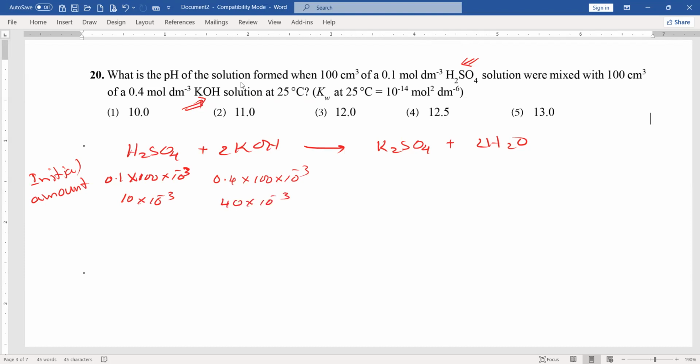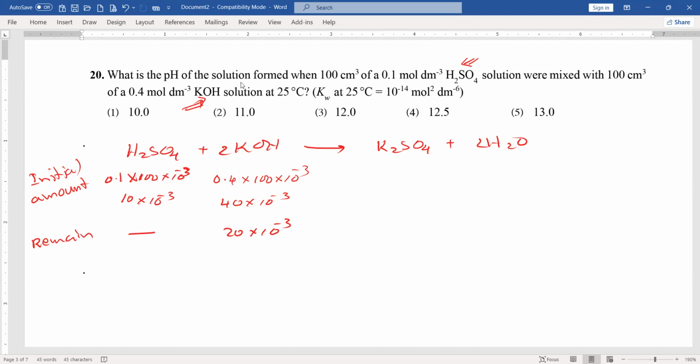In this case, we know that 1 mole of sulfuric acid requires 2 moles of KOH. But we have a 10 to 40, or 1 to 4 ratio. So the remaining amount after the reaction: we don't have sulfuric acid, and we have 20 of KOH, and K2SO4 and water.